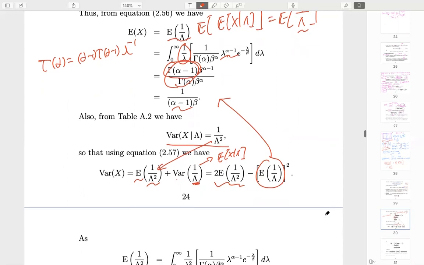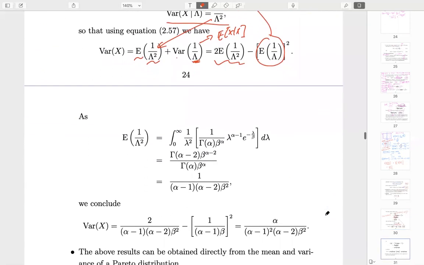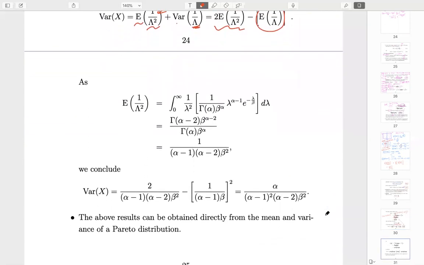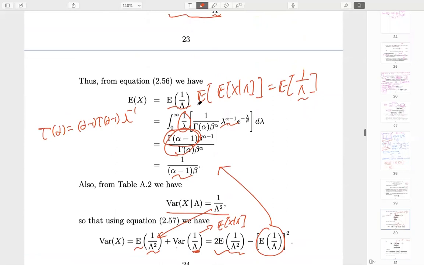Okay. What we don't know is this part, the expected value of the square of the reciprocal. Well, there's no trick. We have to apply the definition. So luckily, it is also in power form. So when you collect those, it is lambda to alpha -3. That motivates you to think about the gamma function of alpha -2, right? And from alpha to alpha -2, you apply this formula twice.